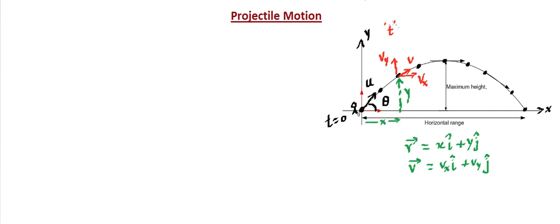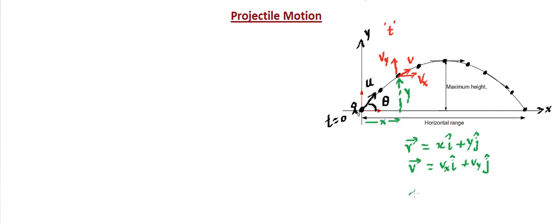Then we will be able to know the velocity of the particle at any time. Mind you, when we write this, we are considering both magnitude as well as direction. So our answer will tell us the direction in which the particle is moving, as well as the magnitude of the velocity with which it is moving. Making sense? So position we are able to handle, and velocity we will be able to handle once we know these unknown quantities. And then comes the acceleration.